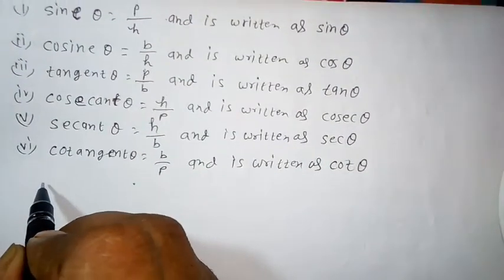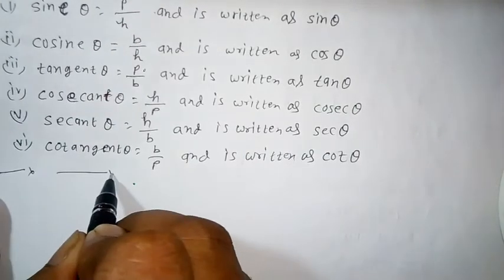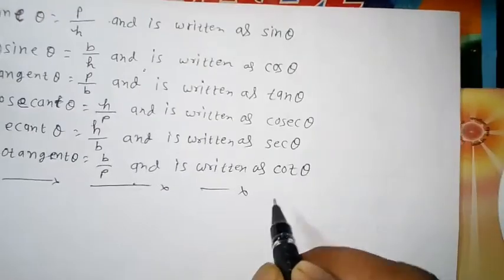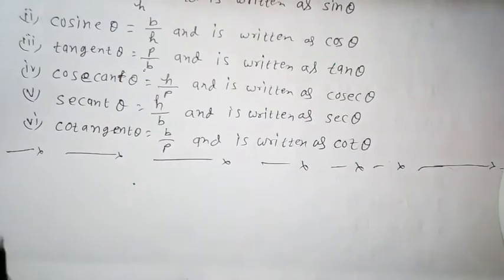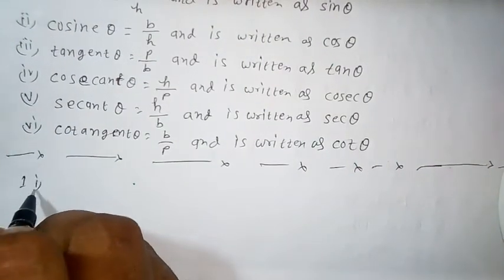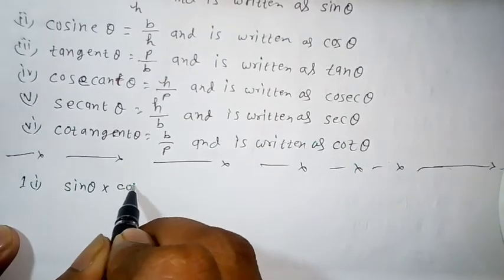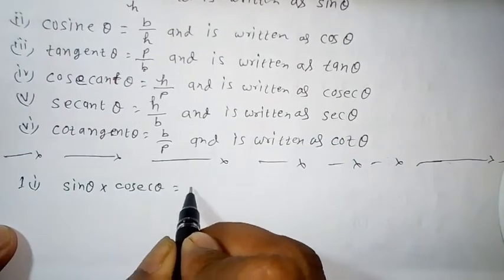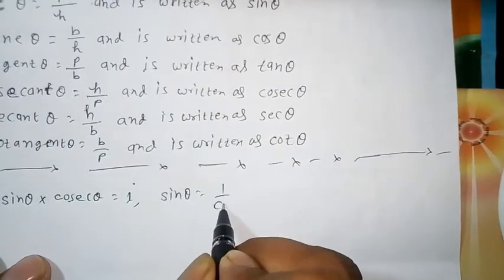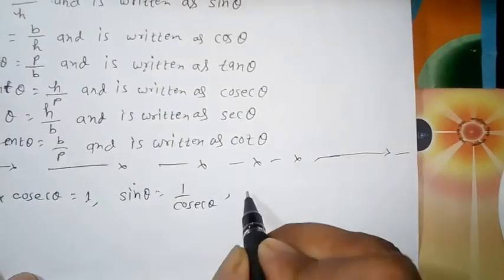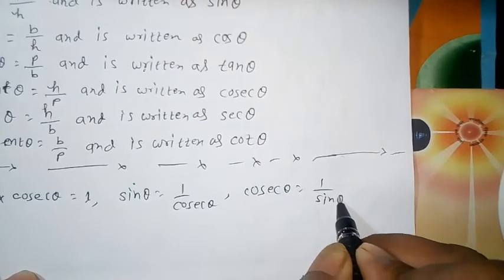Other formulas: sin theta into cosec theta is equal to 1. So sin theta is equal to 1 by cosec theta, or cosec theta is equal to 1 by sin theta.